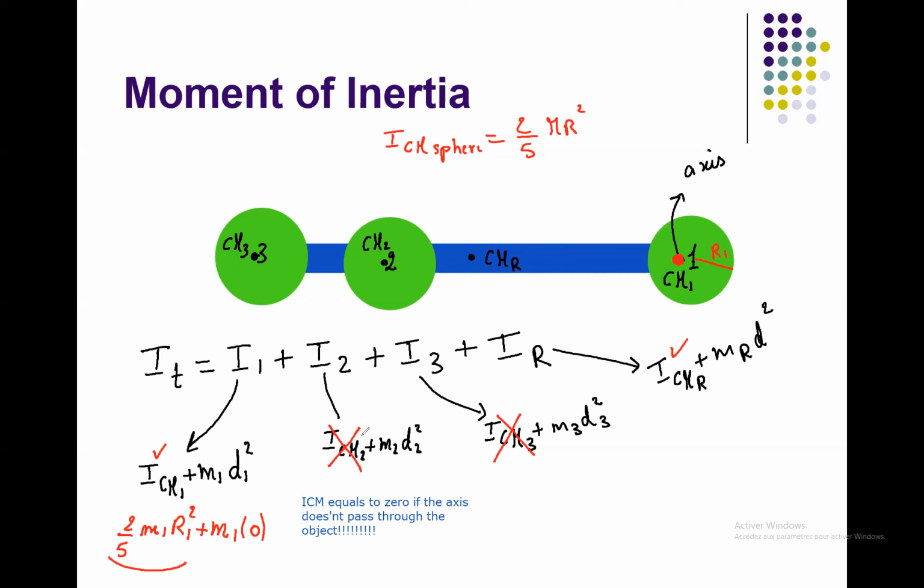So I2 equals M2 times D2 square. D2 is the distance between the axis and M2.